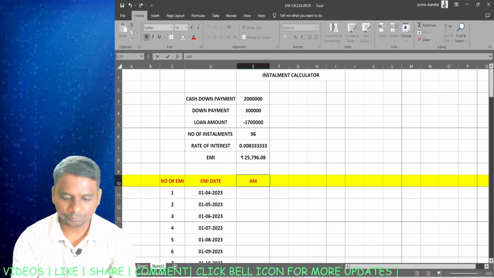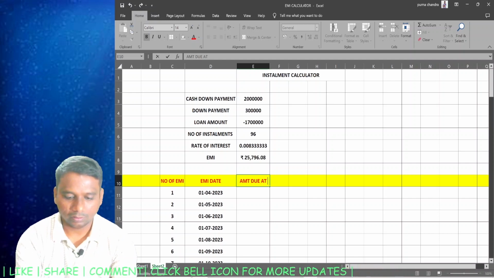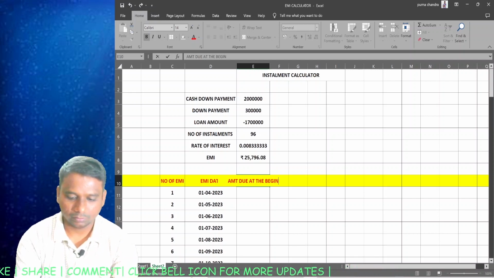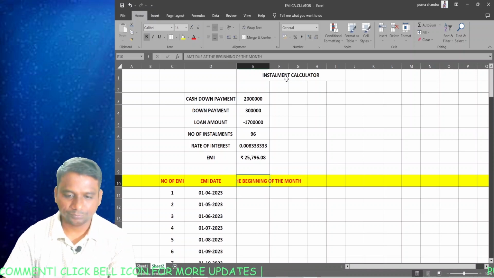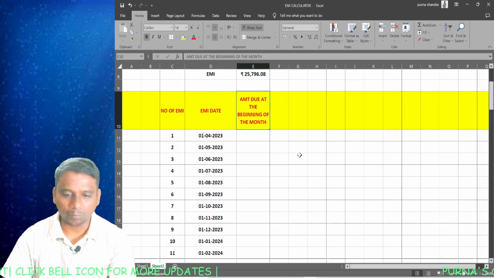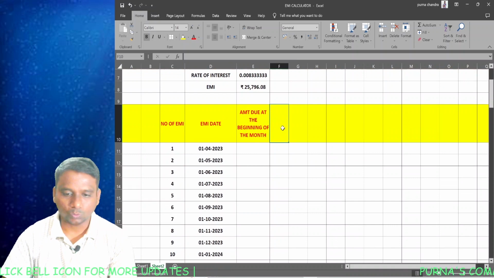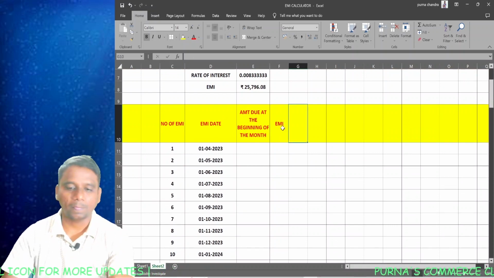Amount due at the beginning of the month. Okay, at the beginning of the month, right? Next one, EMI is how much?